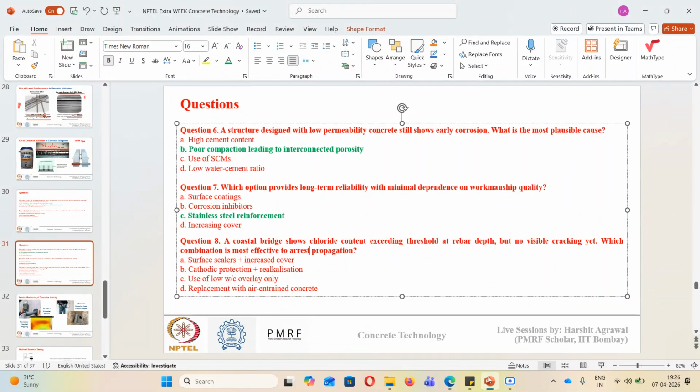Any idea for question number 8? What can be the correct option? Just think about all the different corrosion control techniques that we have discussed and how they are delaying corrosion. Now, knowing that corrosion has already initiated, which technique will still work effectively?